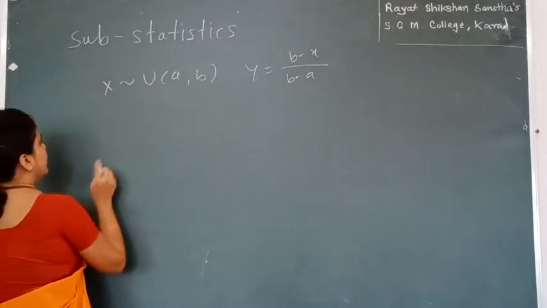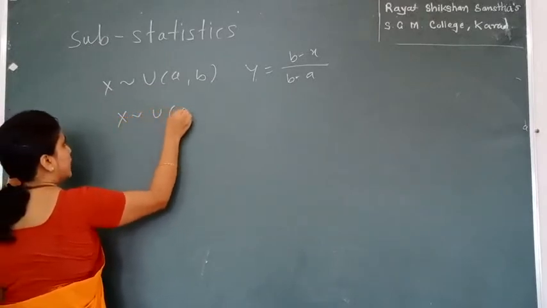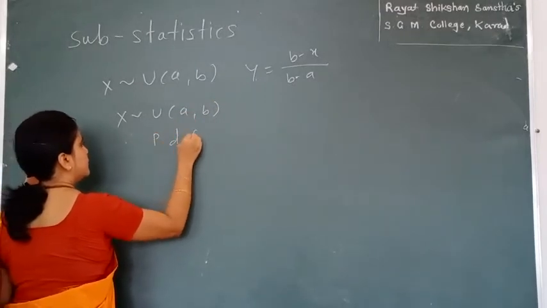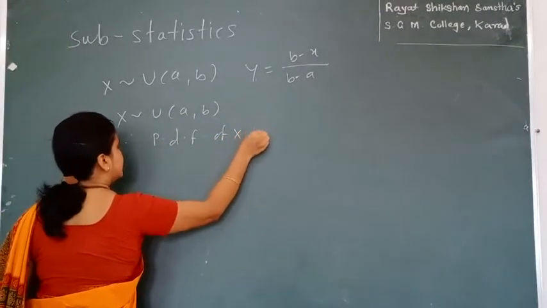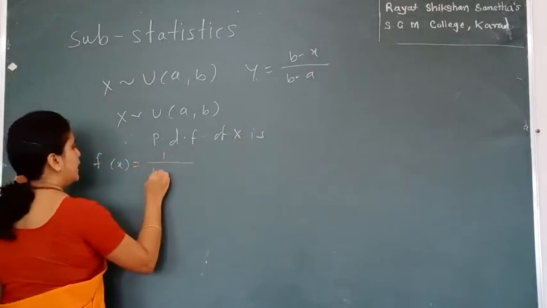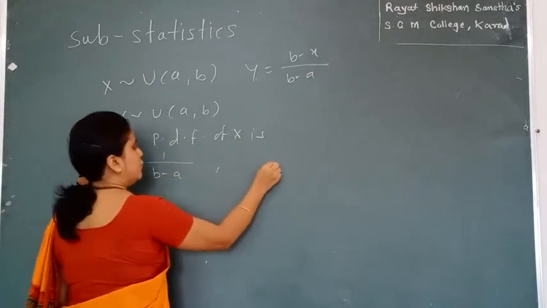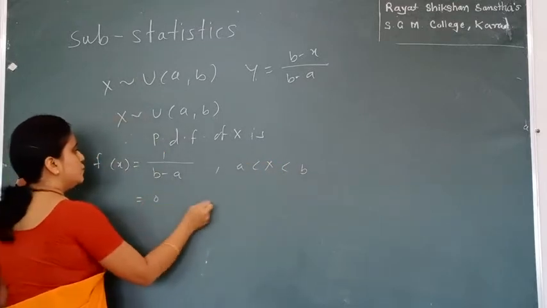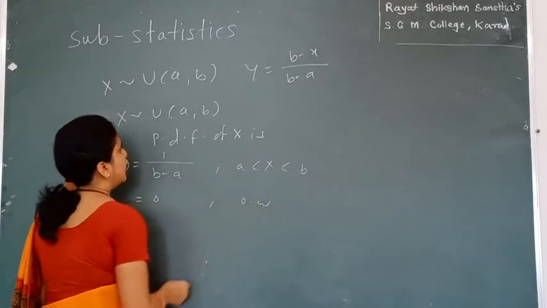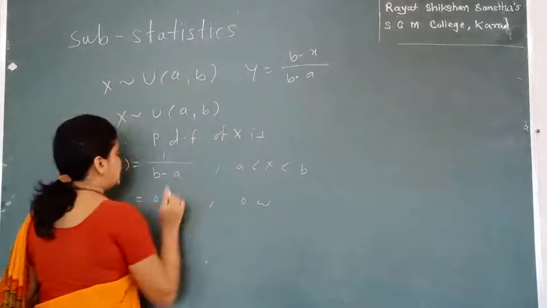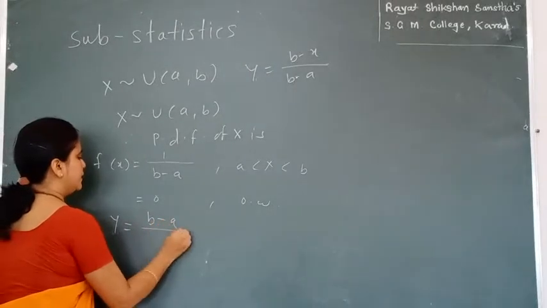We have given x follows uniform a comma b. Therefore the PDF of x is fx, which is equal to 1 divided by b minus a for the range of x a to b, and 0 otherwise. And we need to find the distribution of y, which is equal to b minus x divided by b minus a.